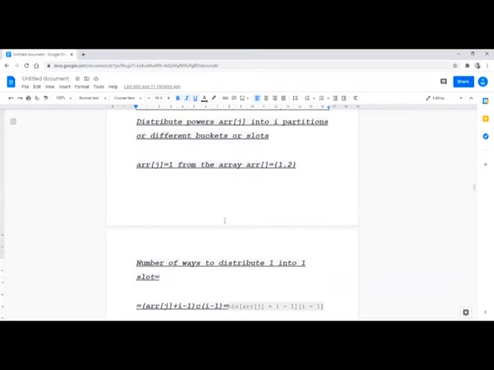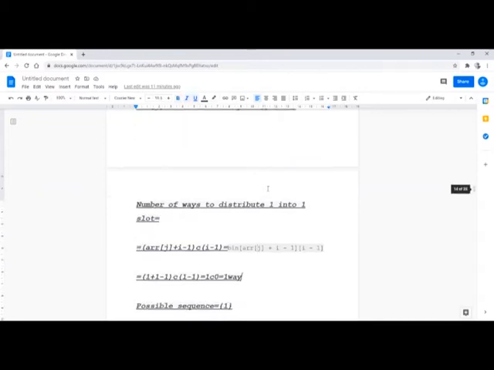So what we do is we distribute powers of arr[j] into i partitions or different buckets or slots. arr[j] is equal to 1 from the array ARR, which is 1, 2. Number of ways to distribute one item into one slot is arr[j] plus i minus 1 C i minus 1, which is the binomial.